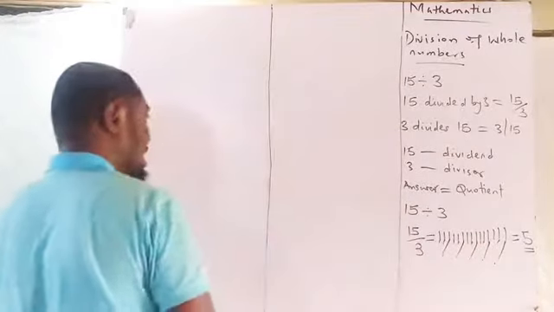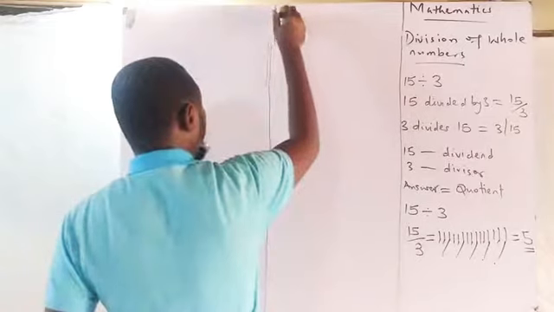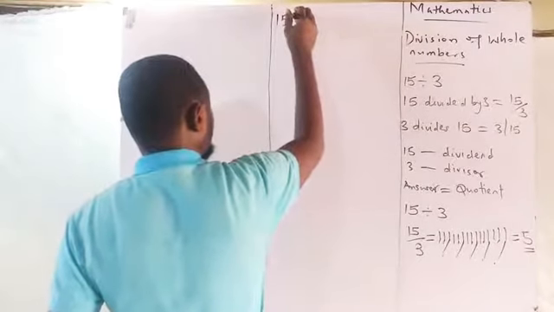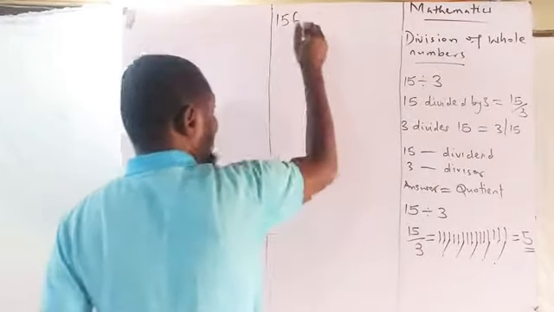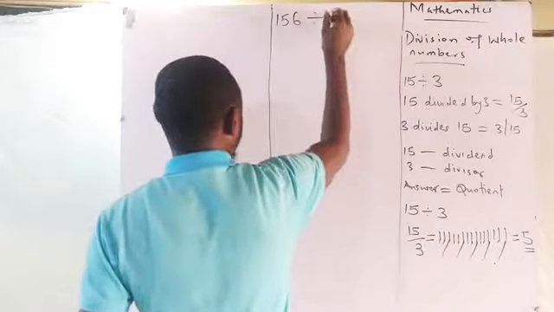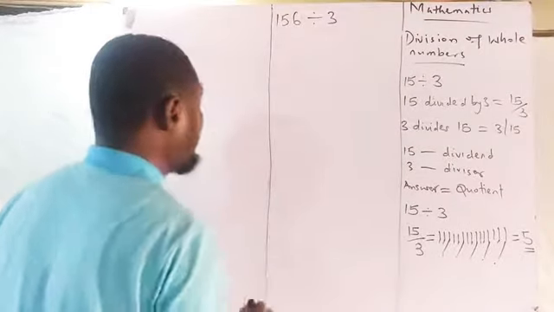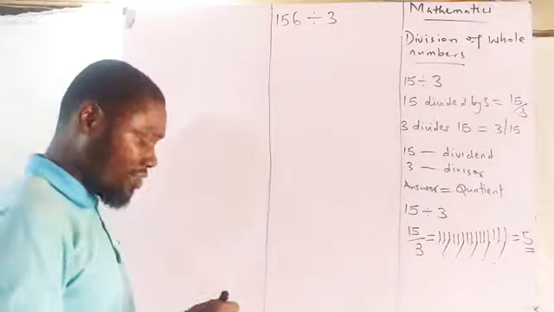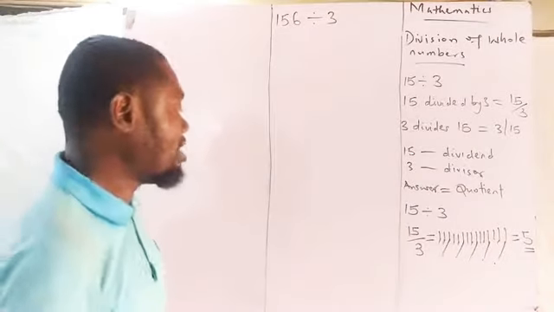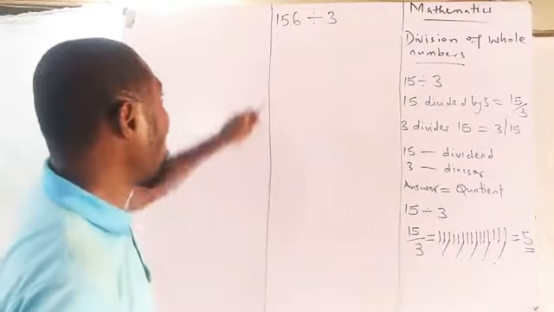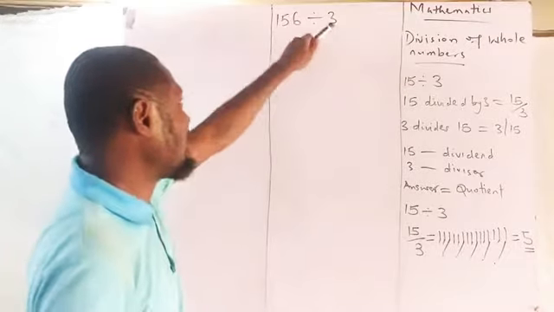Let's see another example. You have 156 divided by 3. This time, the dividend is a 3-digit number. We have 1, 2, 3 digits to be divided by 3.